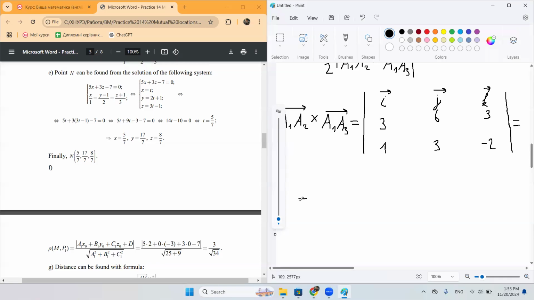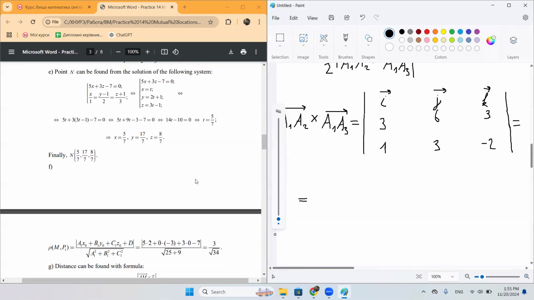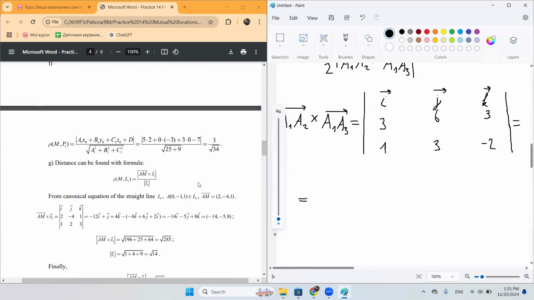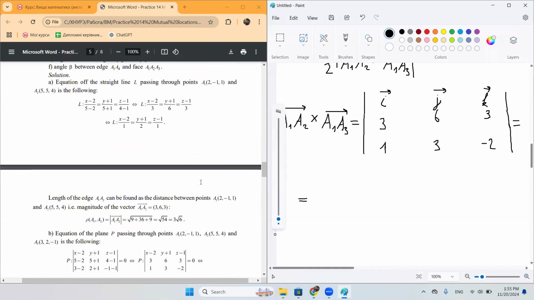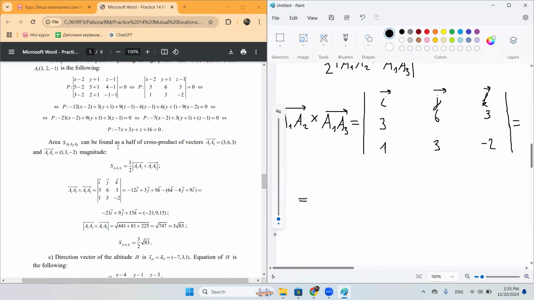Okay, and if we calculate the determinant, believe me, the determinant will be the next. So the cross product is minus 21, 9, 15.